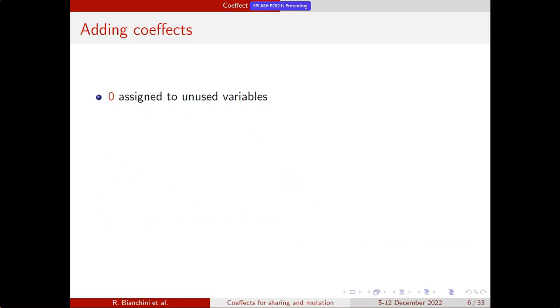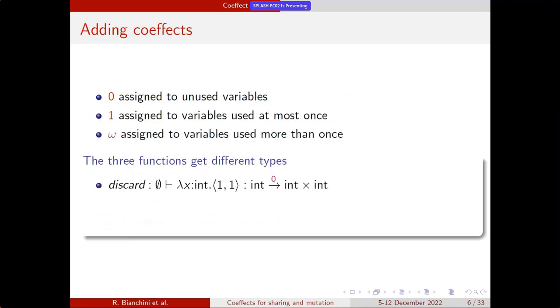So the idea is that we can use coeffects to have more expressive power, to be able to differentiate the types of these 3 different functions. We can use 0 as a coeffect to assign to an unused variable, 1 to a variable used at most once, and omega to a variable that can be used an unrestricted amount of times.